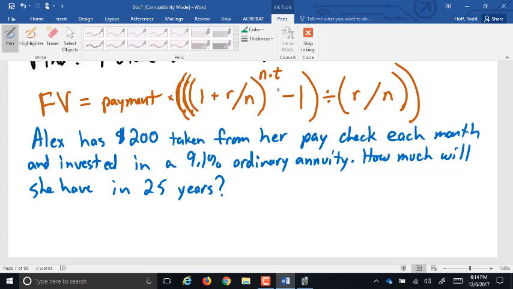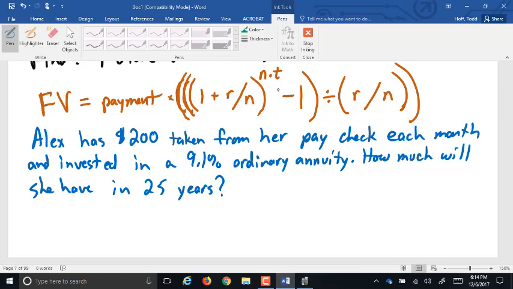What's going to come out of her paycheck is somewhere around $75,000. Actually, probably somewhere around 60,000, I should say.